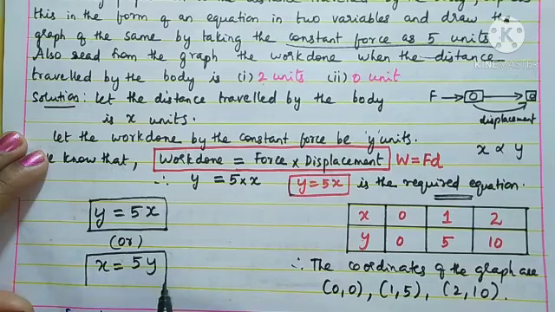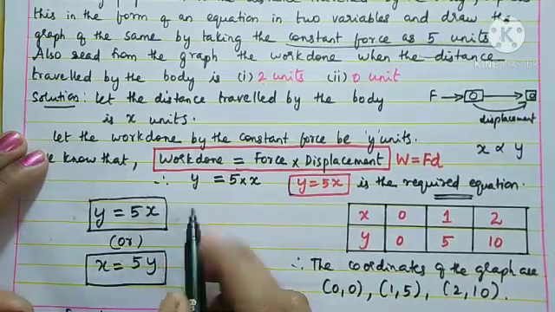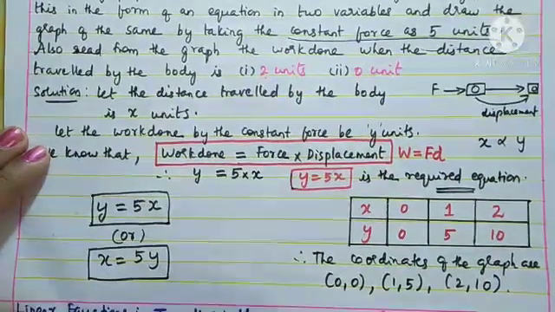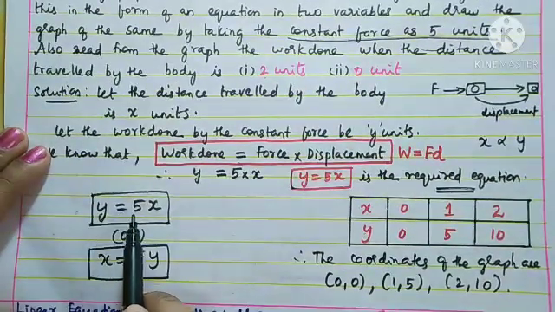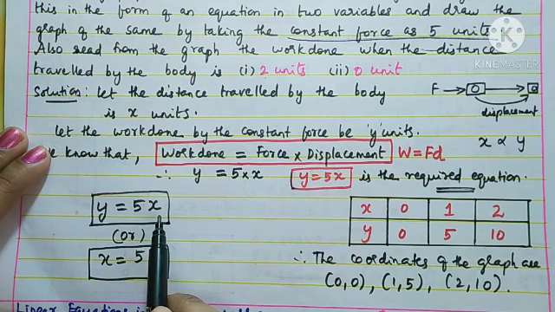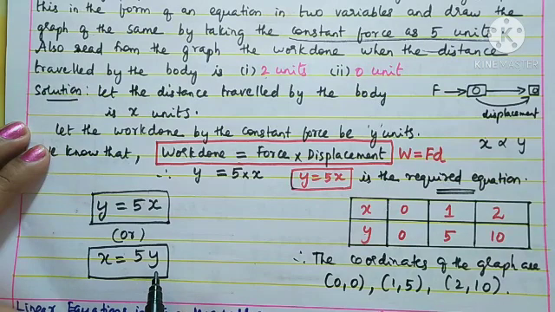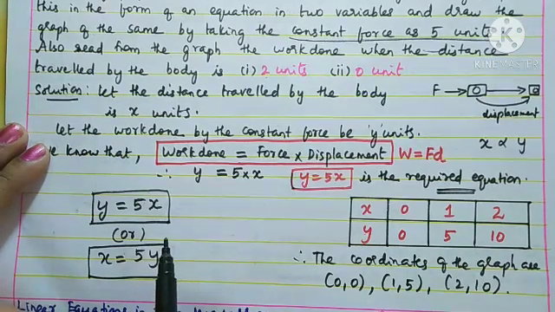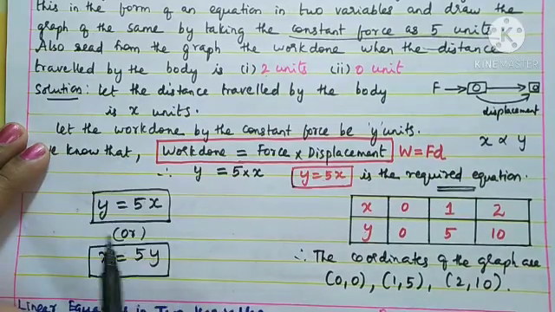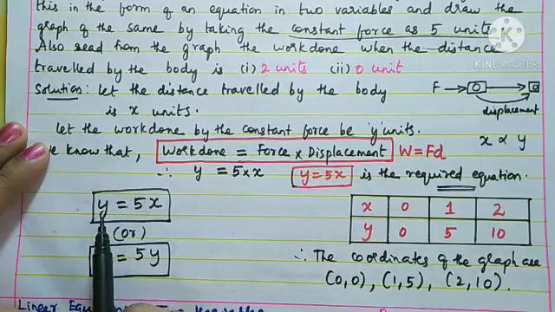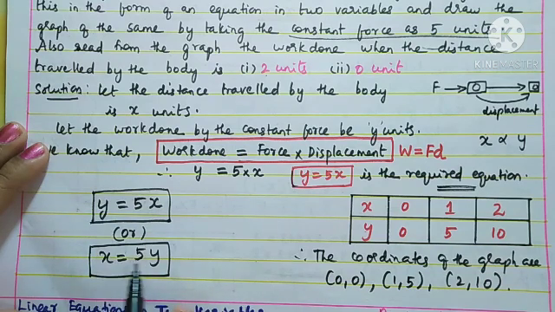Anyways, both are not same, they are different equations, but I want to tell you something. A variable is equal to a constant into another variable. This type of equation, here also a variable is equal to a constant into another variable. This type of equation, always when you draw the graph, this will pass through the origin. Why? Because you see in this type of equation, when we give x value 0, y also becomes 0. Or here you see, if we give y value 0, x also becomes 0.